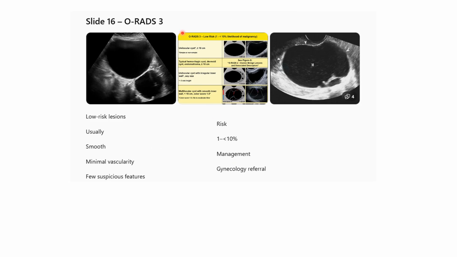O-RADS class 3, low risk lesions, usually smooth, minimum vascularity, few suspicious features. The risk is 1 to 10%. Management, that is gynecological referral. So those are O-RADS class 3 lesions.